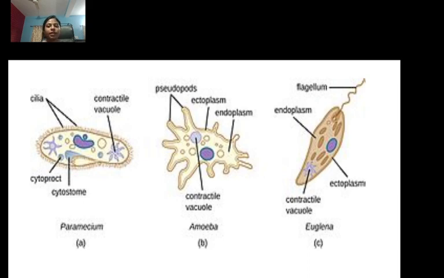Alright? Yes. So organisms made of more than one cell are called multicellular. Multi means many, cellular means cells. Organisms with billions of cells begin life as a single cell, which is the fertilized egg.